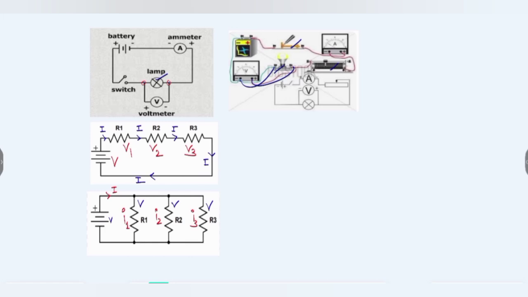Now coming to resistors in series and resistors in parallel, this is also an important topic in electricity. Here the derivation and the formulae for resistors in series and resistors in parallel you have to know. First one is the series combination, or connection, of resistors.